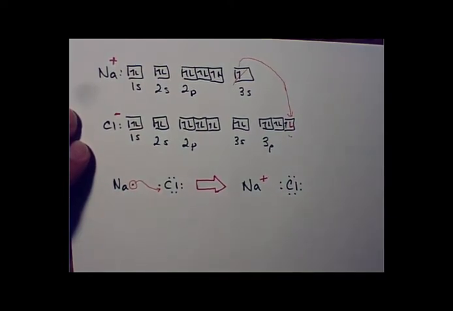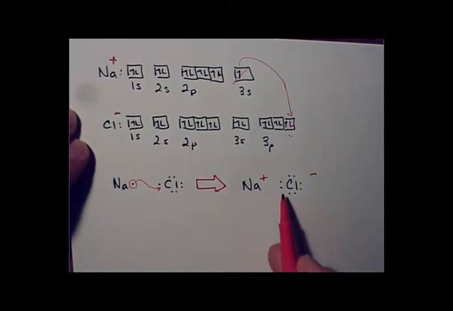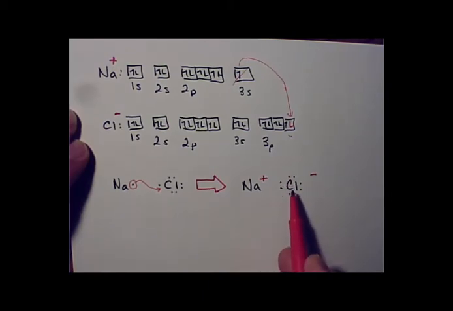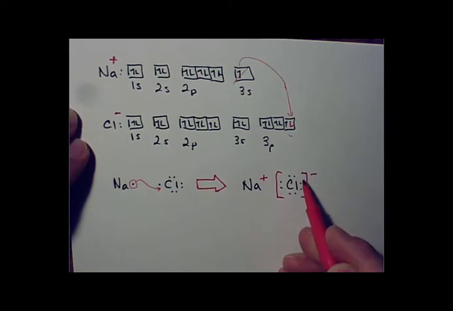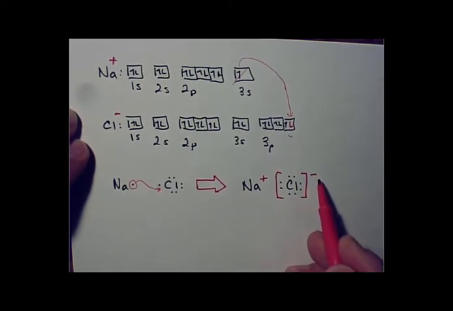So what charge does it have? Negative. Now the critical thing is that it's important that you know that this negative charge is shared over this entire chlorine structure. Okay? And so we're going to put a bracket here to show this negative doesn't just apply to, say, those electrons or something. The bracket tells you because the negative charge is on the outside, it shows it applies to the whole thing.